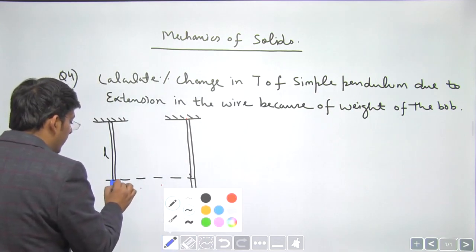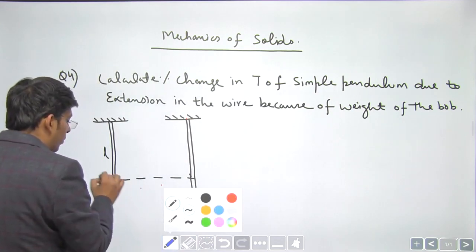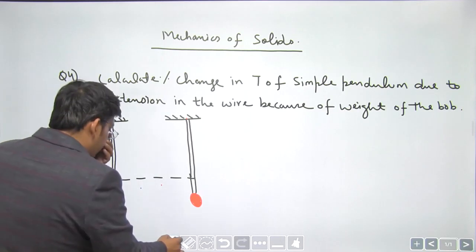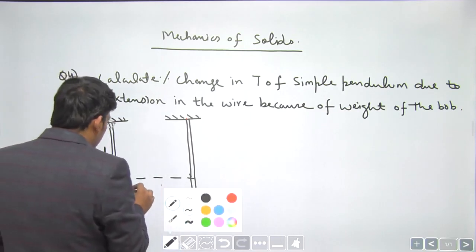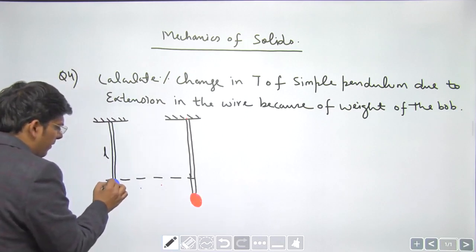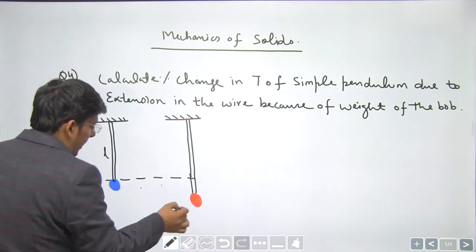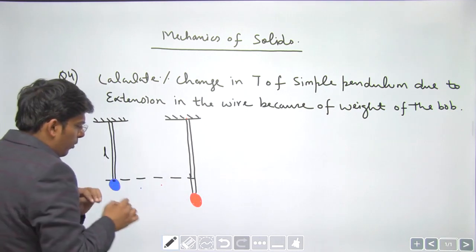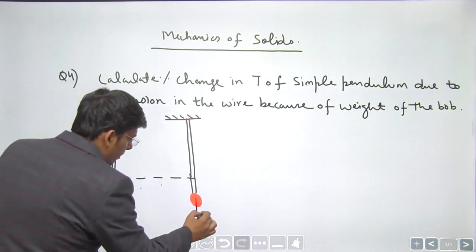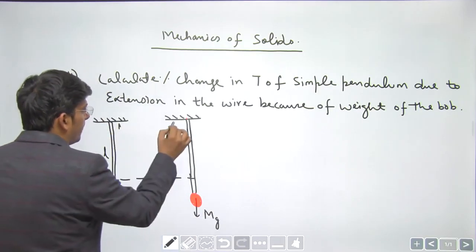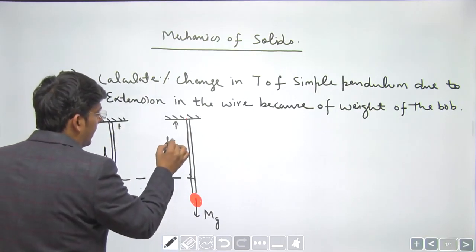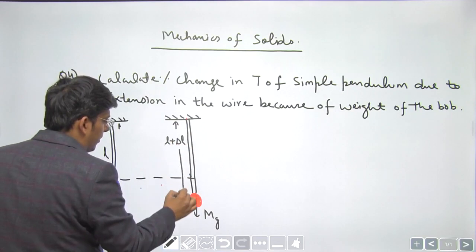Let us only take the change in mass of the bob. So let us see that this bob was very light and this bob is very heavy. You can ignore the mass of the original bob. This is mg, right? This is the original length. The new length becomes L plus delta L, dear students.